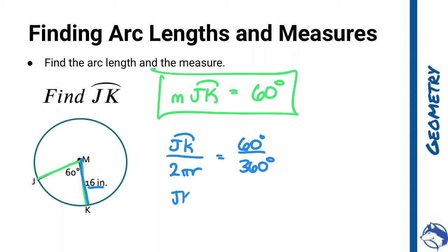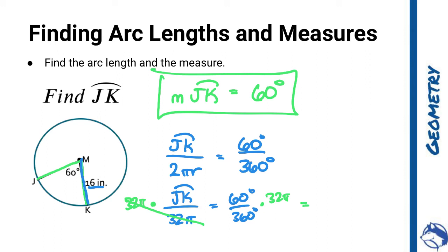JK over 2 pi times 16, which I'm going to make 32 pi, is equal to 60 over 360. From here, all I have to do is multiply by 32 pi on both sides. That'll cancel out, and I get JK is equal to this chunk right here.